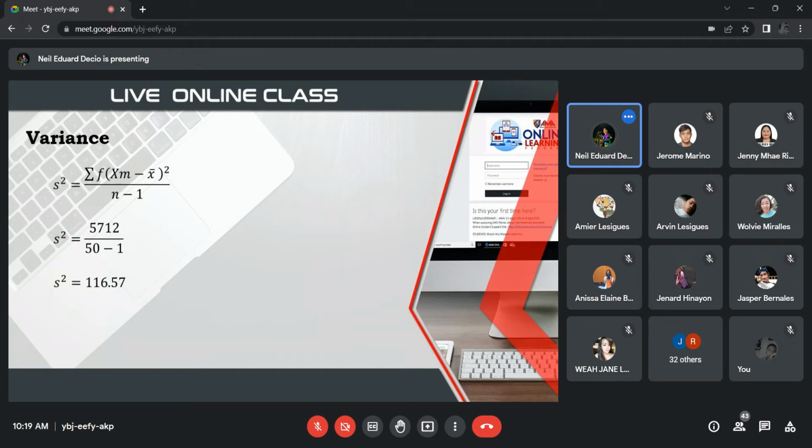And then, of course, kung may variance na tayo, to get the standard deviation, kailangan lang natin i-square root si variance. Now, the square root of 116.57 is equal to 10.80.